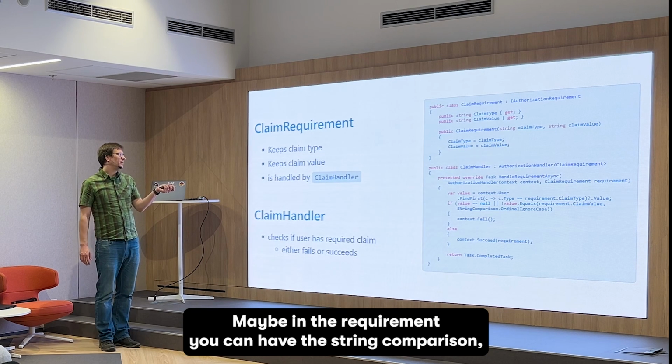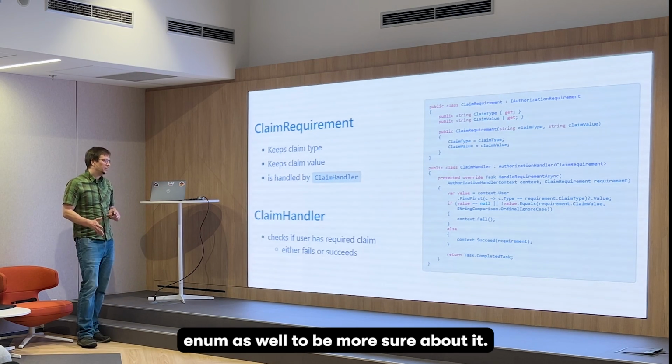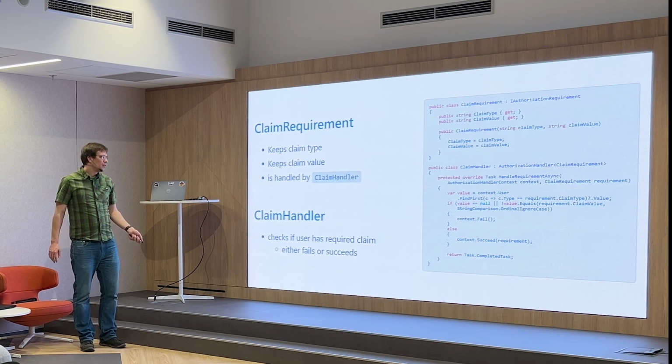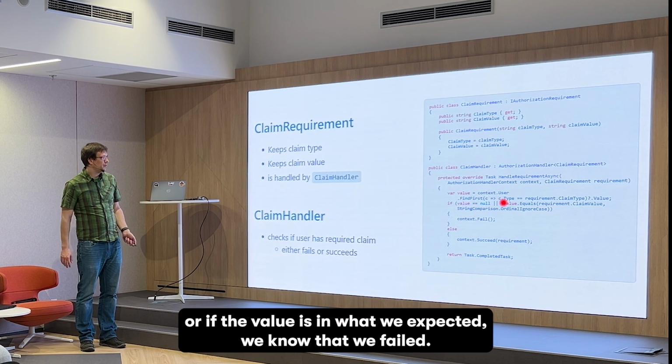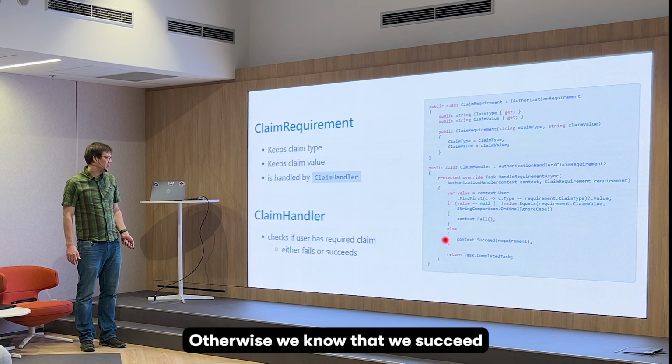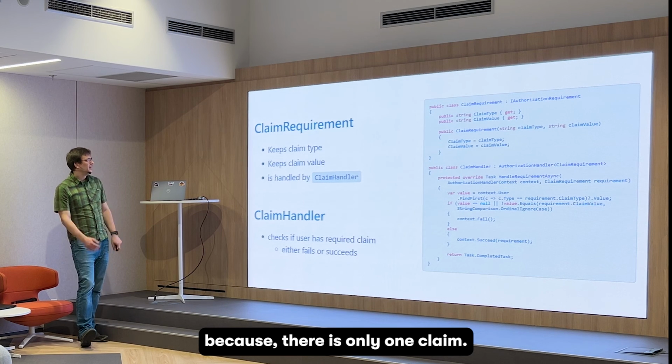Maybe in the requirement you can have the string comparison enum as well to be more sure about it. So if it's either not there, or if the value isn't what we expected, we know that we failed. Otherwise, we know that we succeed, because there is only one claim.